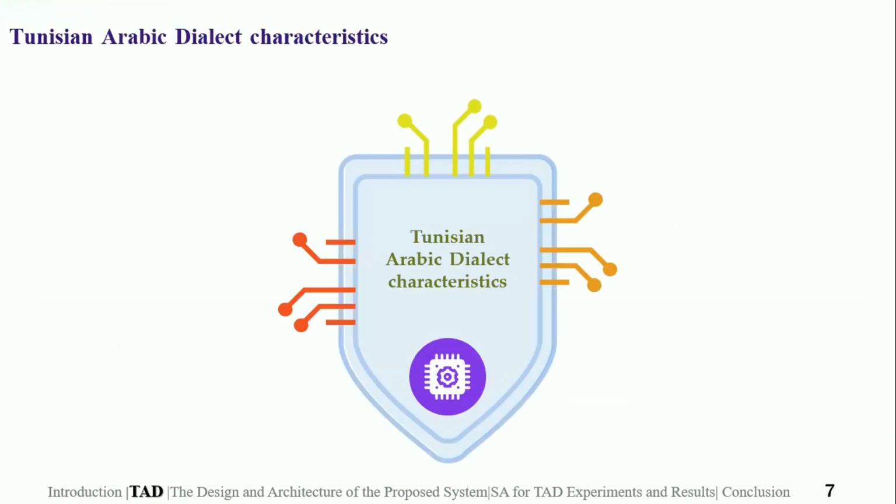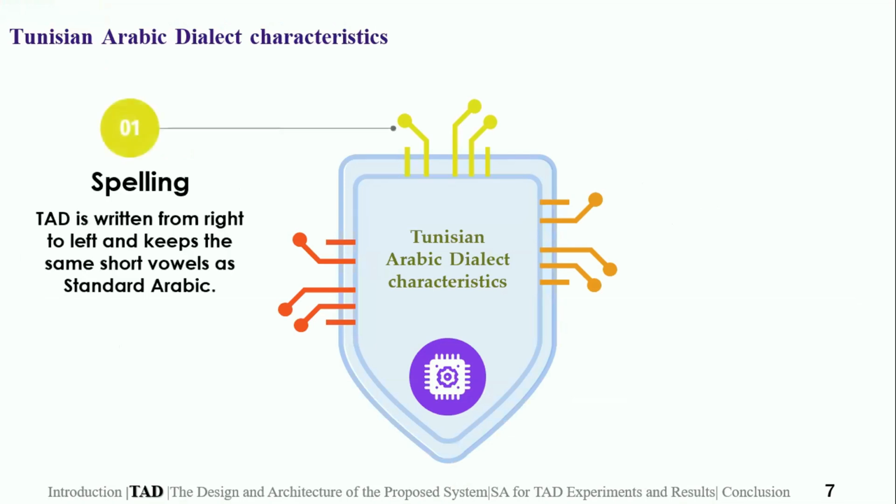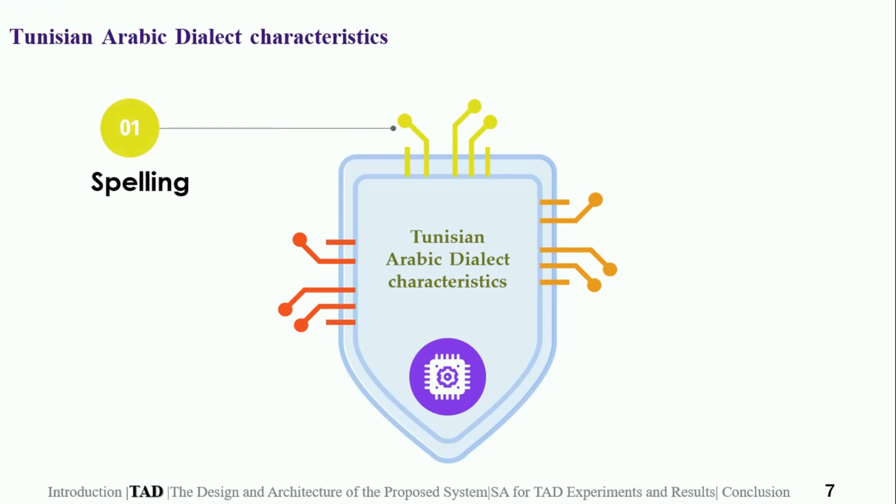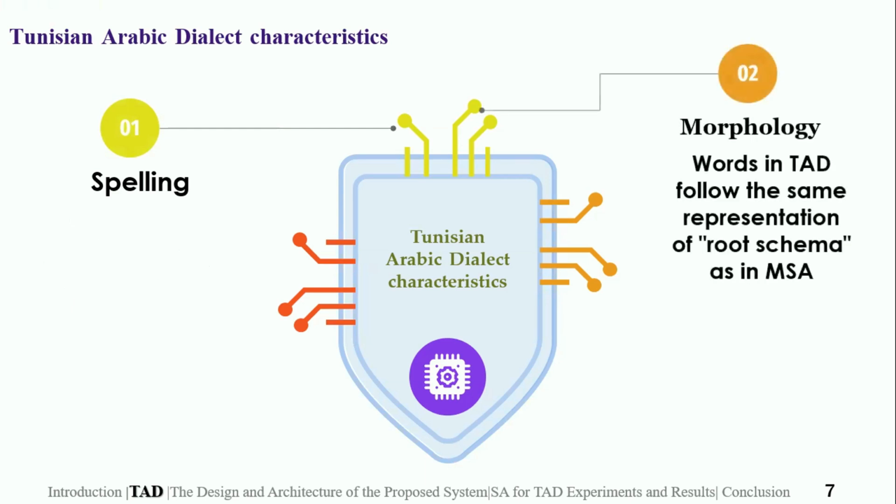Let's move on to Tunisian Arabic dialect characteristics. Spelling: it is written from right to left and keeps the same short vowels as Standard Arabic. Morphology: words in TAD follow the same root and schema representation as in MSA.